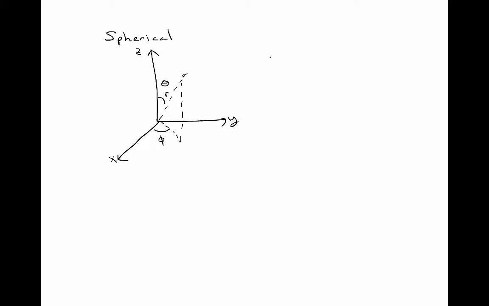So if you're familiar with unit vectors, you know that x hat, y hat, and z hat always point in the same direction. But when we're talking about the vectors r hat, theta hat, and phi hat, the directions of these vectors change depending on where your point is, because r hat always extends out this way. Theta hat extends this way. Phi hat extends this way. And so, say if you were at a point over here, then phi hat goes this way instead.